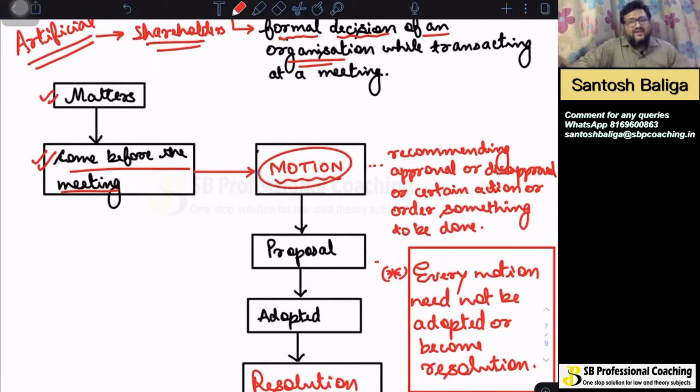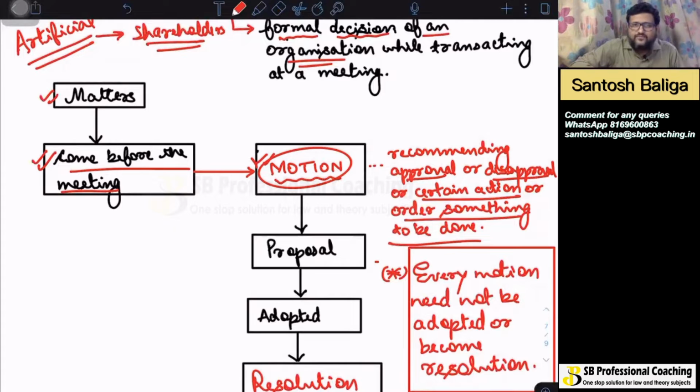So any business matter which is placed in the general meeting before the shareholders for their approval, disapproval, certain action, or any order of something to be done, such business matters are known as motion.